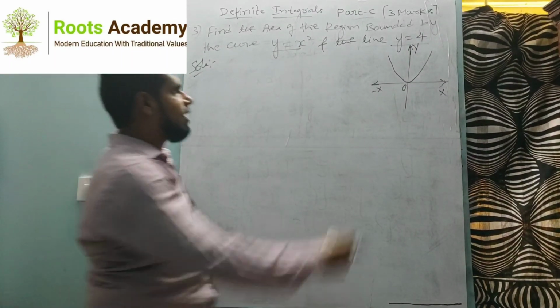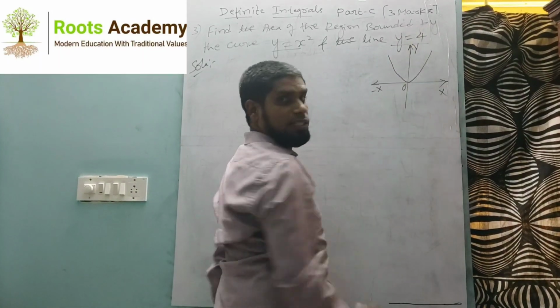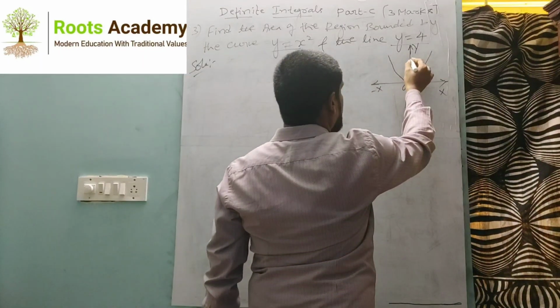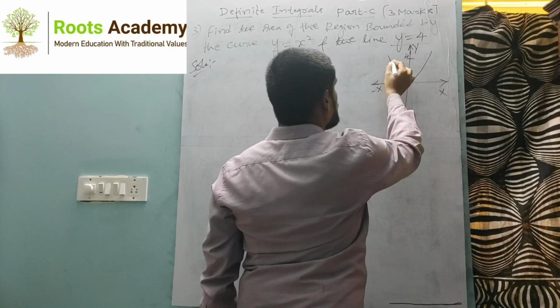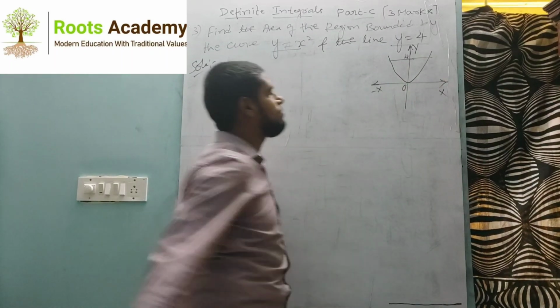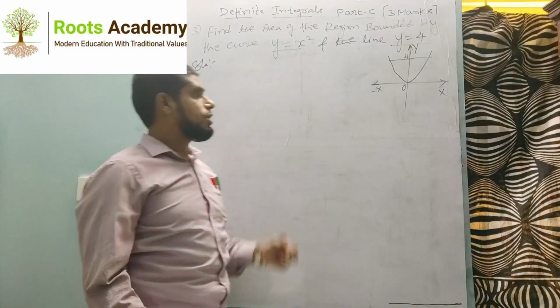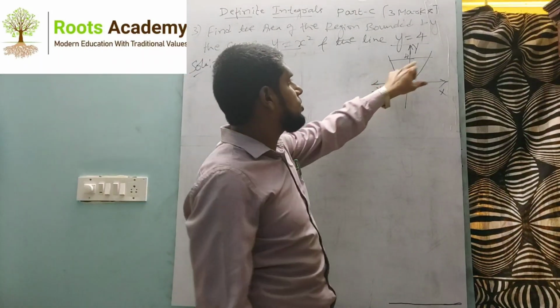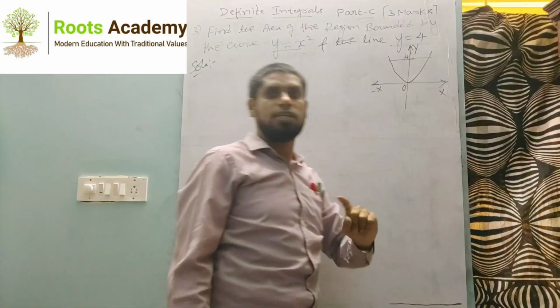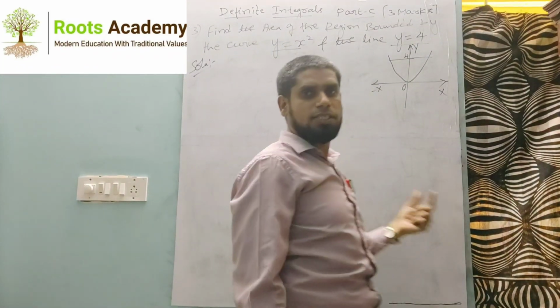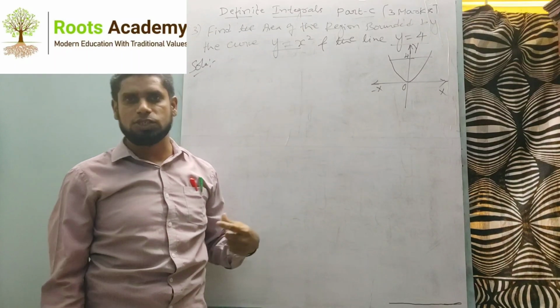Now, student, only one line is given, y is equal to 4. Let me mark this point as 4. So the line moves like this. Here, he didn't mention which quadrant. In the previous two problems he mentioned x-axis in first quadrant, y-axis in first quadrant.